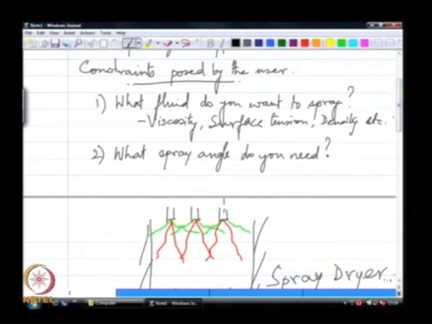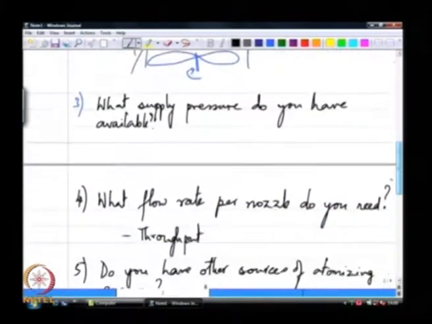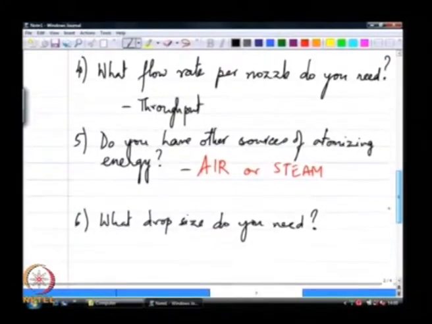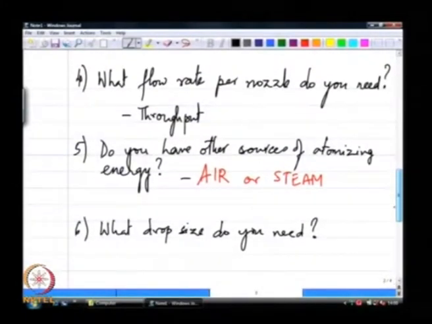So, once you gather this information, the first question that is of importance is number 5. The first question that you should use in the selection process is number 5.